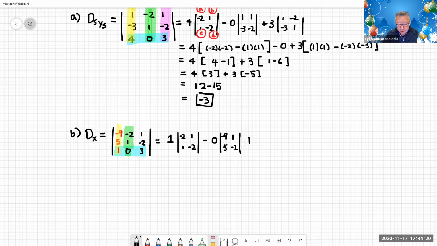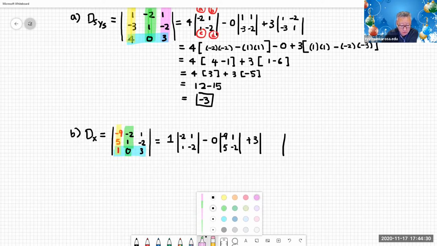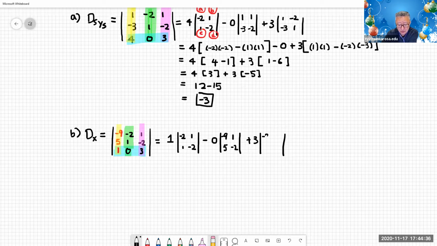And then plus 3 times. So I'm going to shade it with the purple here. And the remaining one is going to be minus 9, minus 2, 5, and 1.